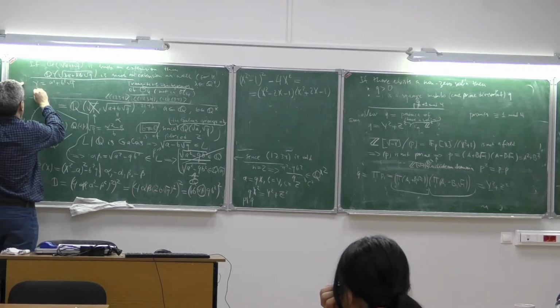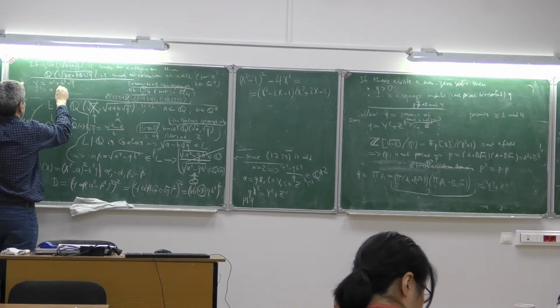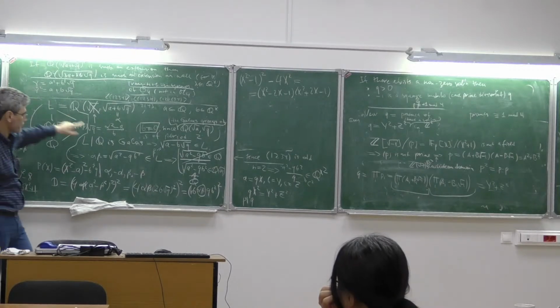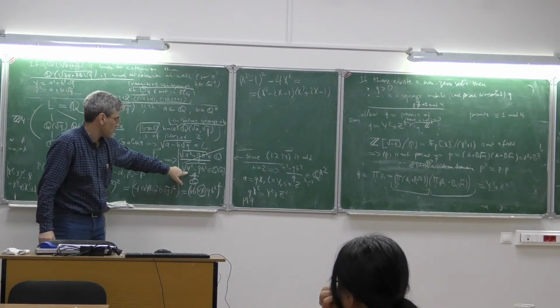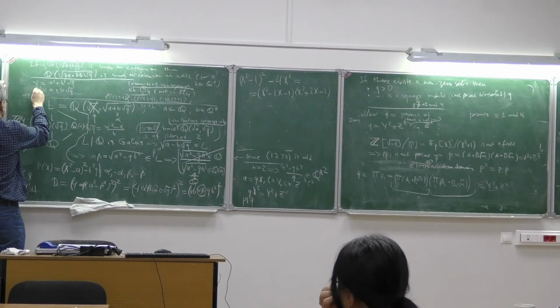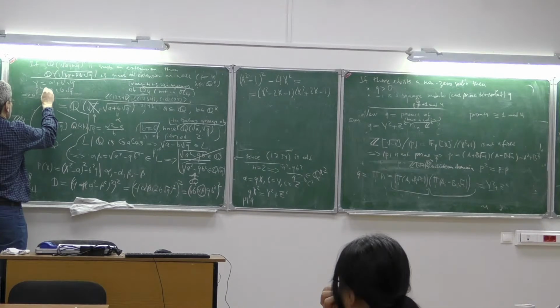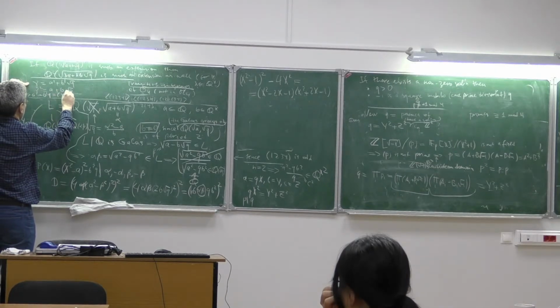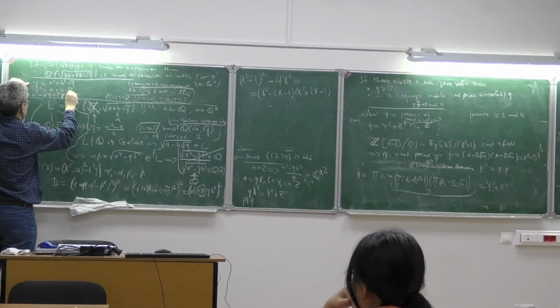Suppose that a plus b square root of q is a certain square of gamma. Then what is this? This is just the product: a square minus b square q is the square of gamma times the conjugate.